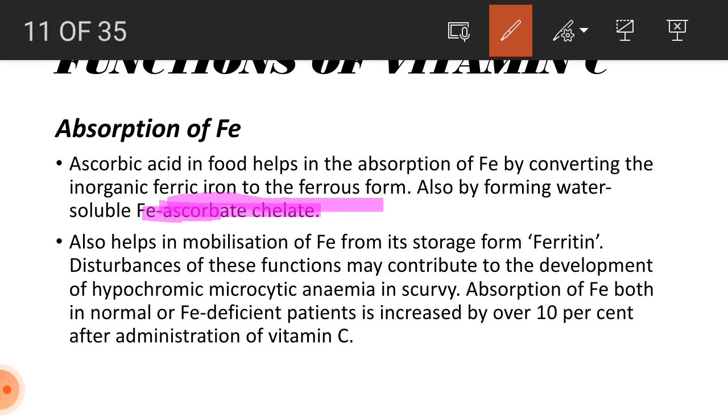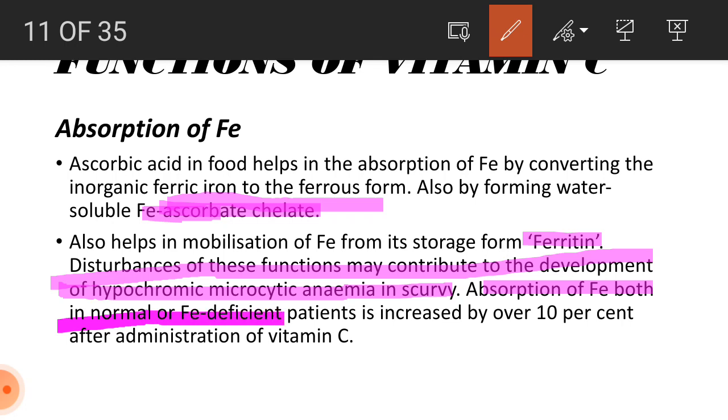It also helps in mobilization of Fe from its storage in ferritin. Disturbances of these functions may contribute to the development of hypochromic microcytic anemia in scurvy. Absorption of Fe both in normal or Fe deficient patients is increased by over 10% after administration of vitamin C.